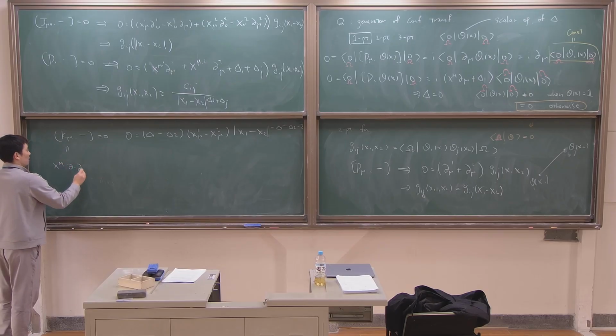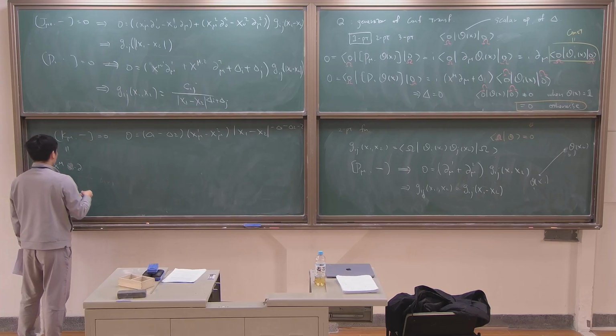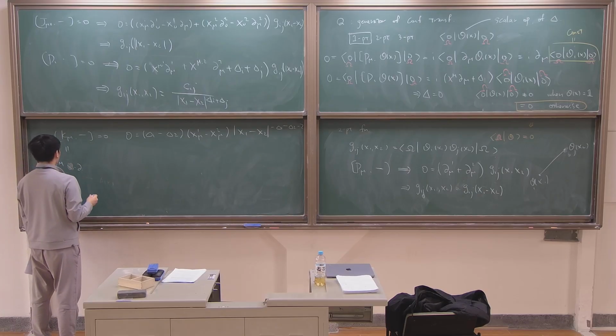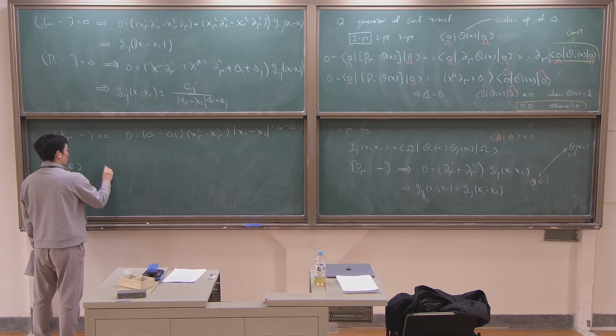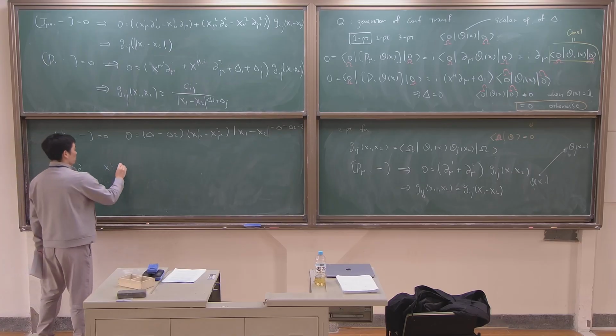It's x dot sigma, a linear combination of this one. And the other thing should be something like x squared minus mu.